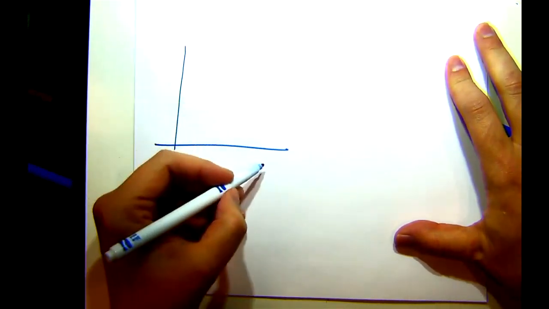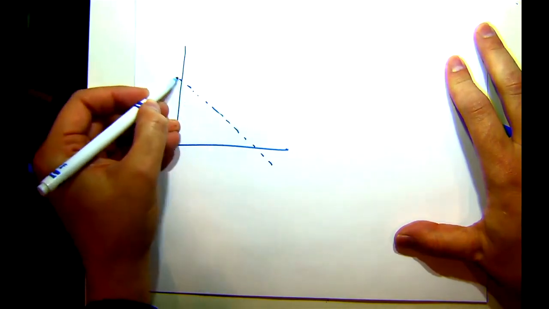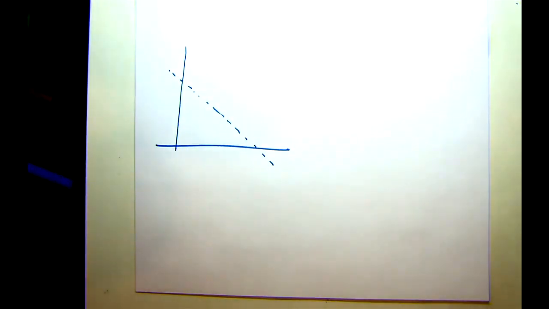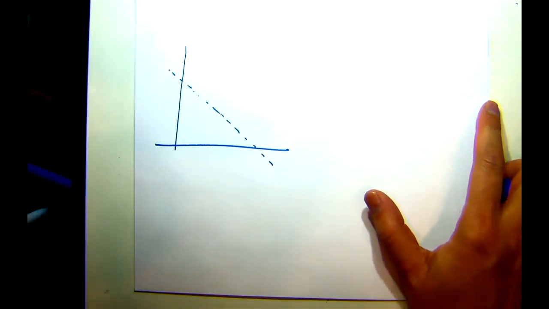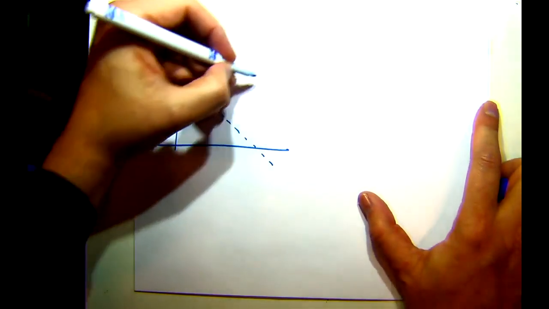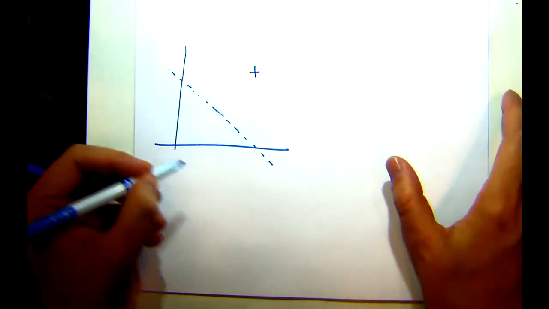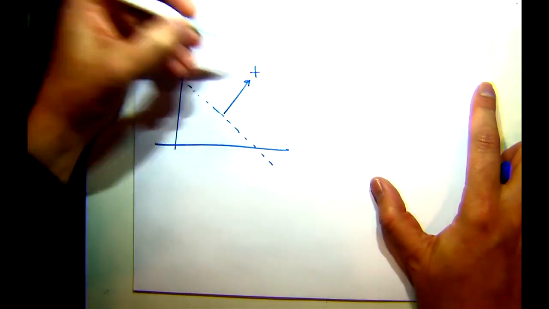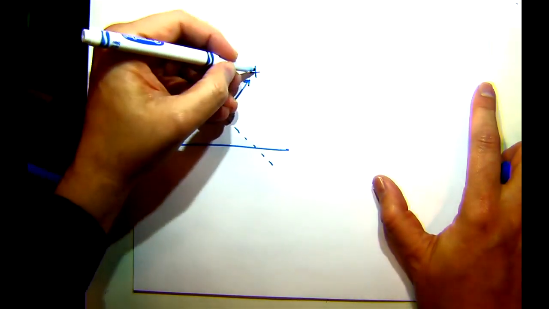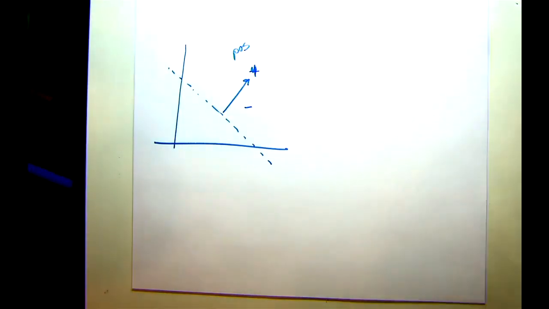So if we have some decision boundary that we came up with, and our prediction was, if this is the positive side, and this is the negatives, if everything on this side is what we're calling positive, and we get a negative over here, what we're going to want is a cost that's fairly high.